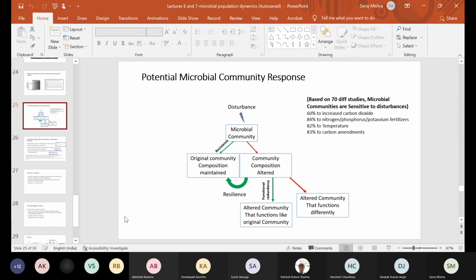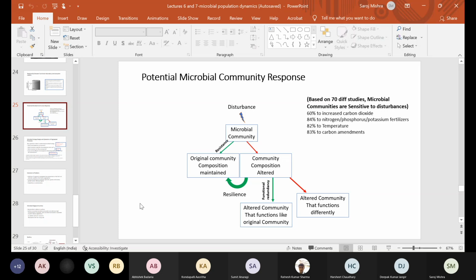Ma'am, I had another question. You said that if there is a sudden change in pH, is there any parameter to measure how fast a change is allowed so that a particular kind of bacteria can survive? Is there some kind of parameter defined for every organism? See, first of all, these experiments can be carried out in the laboratory.